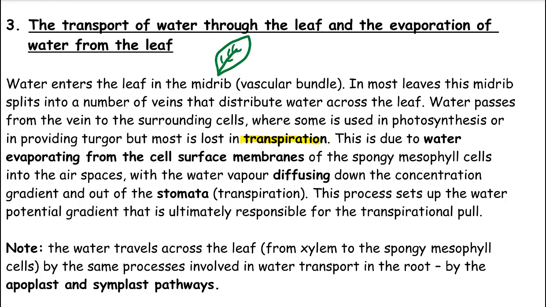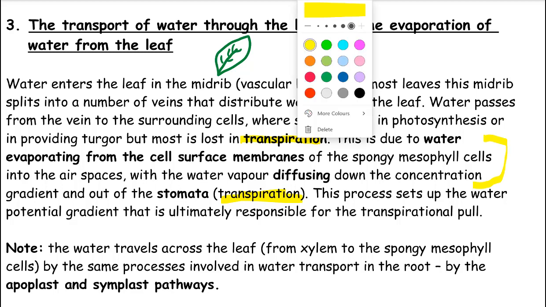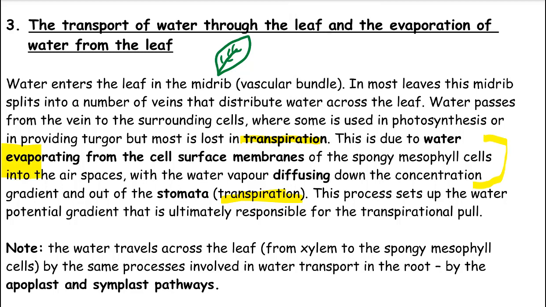This is due to water evaporating from the cell surface membranes of the spongy mesophyll cells into the air spaces, with the water vapour diffusing down the concentration gradient and out of the stomata, and that is transpiration. So all together, this part here, water evaporating from the cell surface membranes of the spongy mesophyll cells into the air spaces with water diffusing down the concentration gradient and out of the stomata, that's your definition for transpiration.